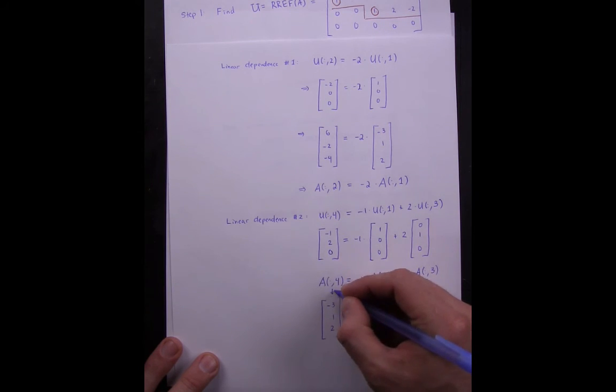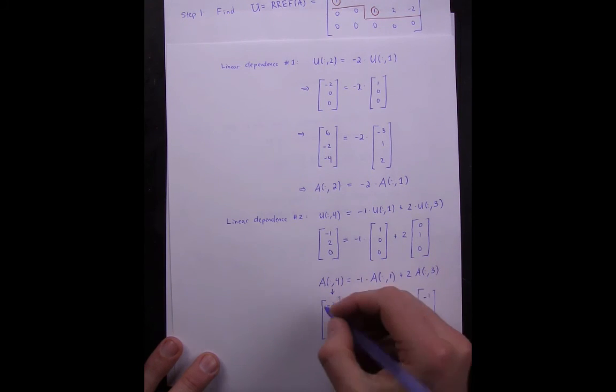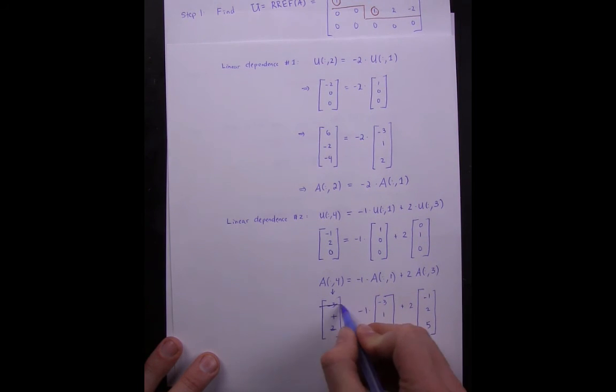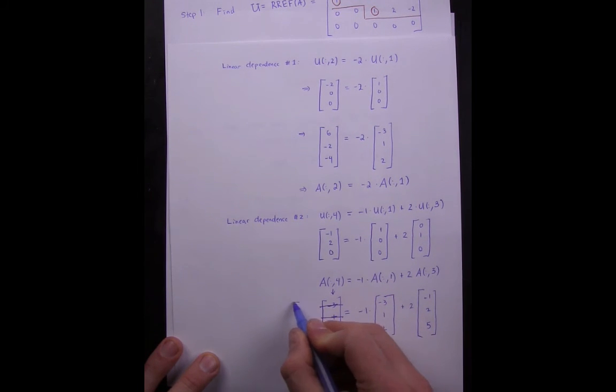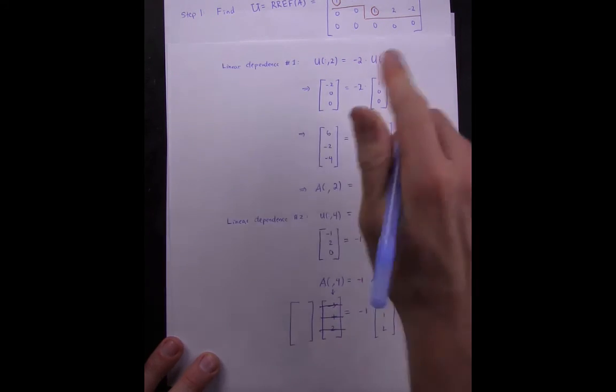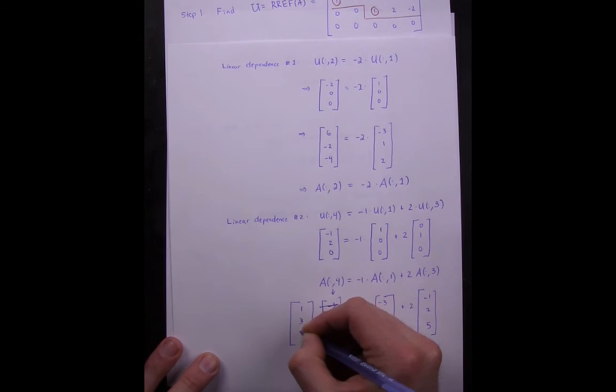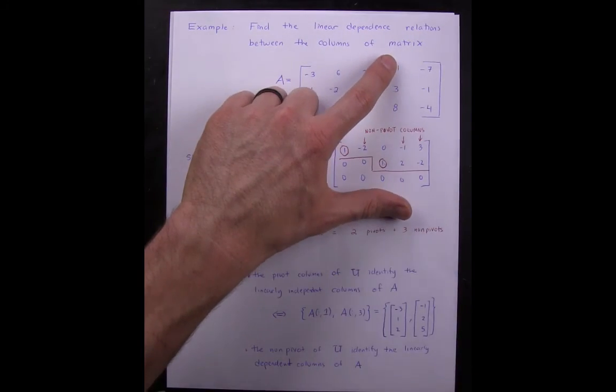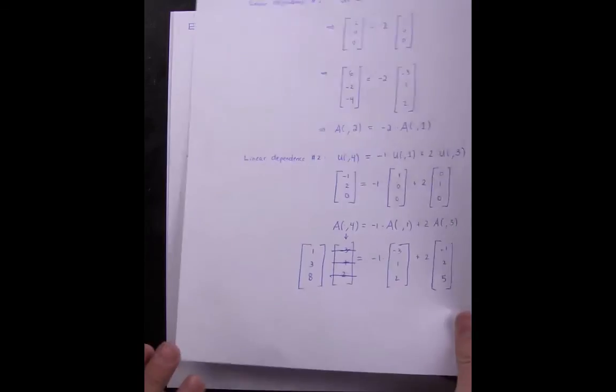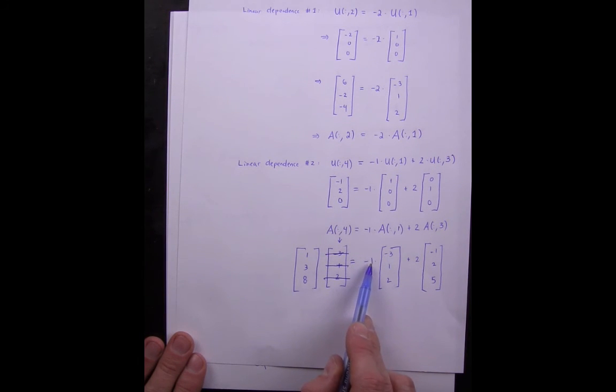This should be the fourth column of A. The fourth column of A, if we look back at the original matrix, is not given by this thing. Sorry about that. The fourth column of A is given by 1, 3, 8. Right? Because if we look back at our original matrix, the fourth column is 1, 3, 8. Now that makes us feel a lot better because 3 minus 2 is 1, -1 plus 4 is 3, -2 plus 10 is 8.